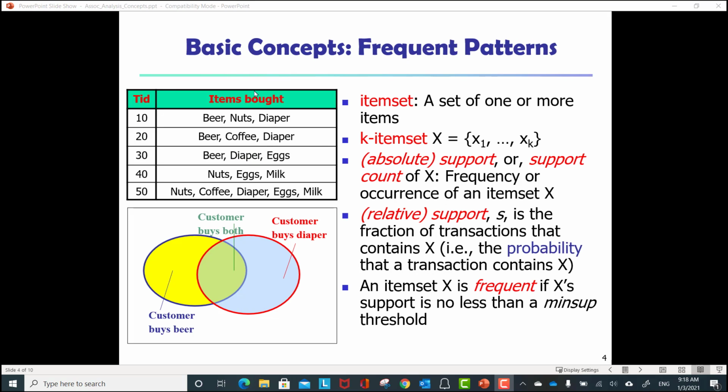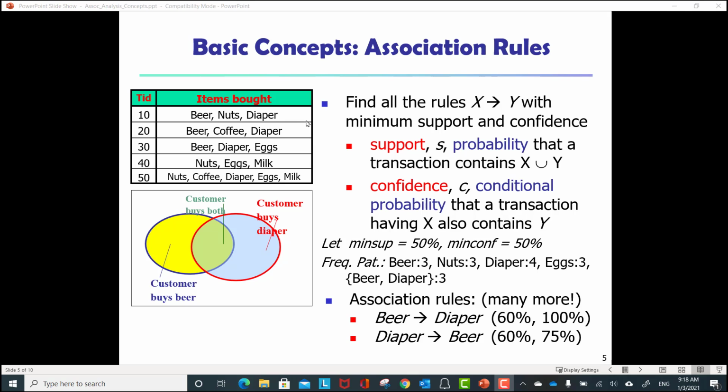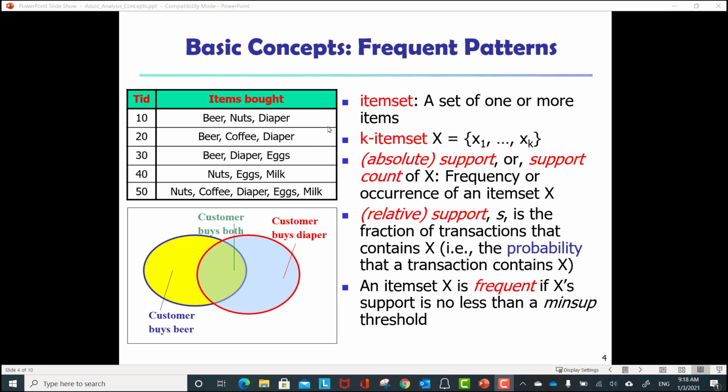All right. Let's talk about the basic concepts in frequent pattern analysis. Basically, these two slides are probably the most important in terms of conceptual understanding. Actually, to be honest, these concepts are not that difficult.